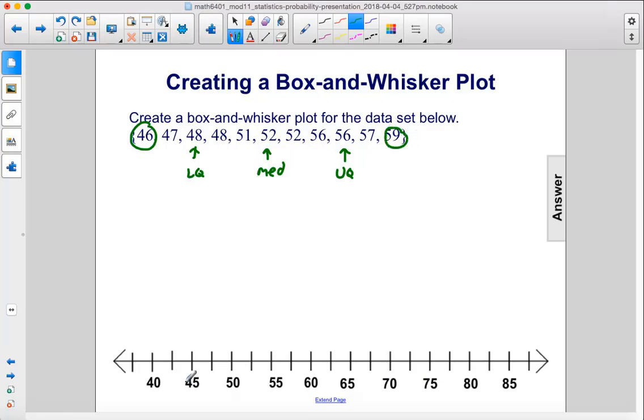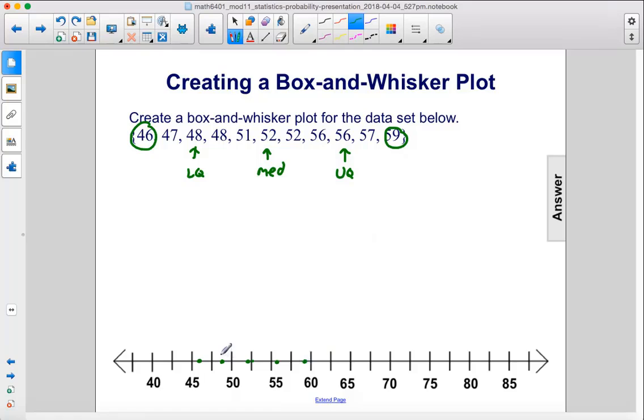So let's graph these out. We have 46, which is about here. Our lower quartile is 48, which is around there. We have a median of 52, so that's around here. Upper quartile of 56, and an upper extreme of 59.